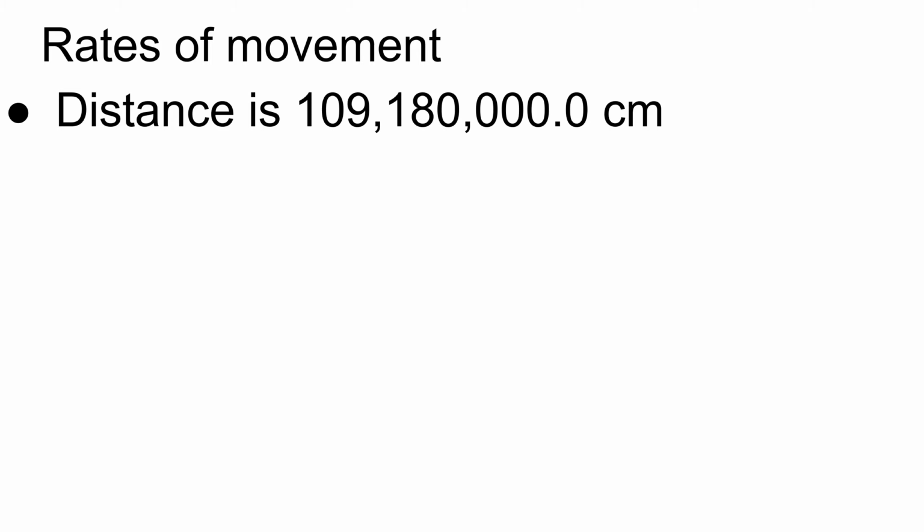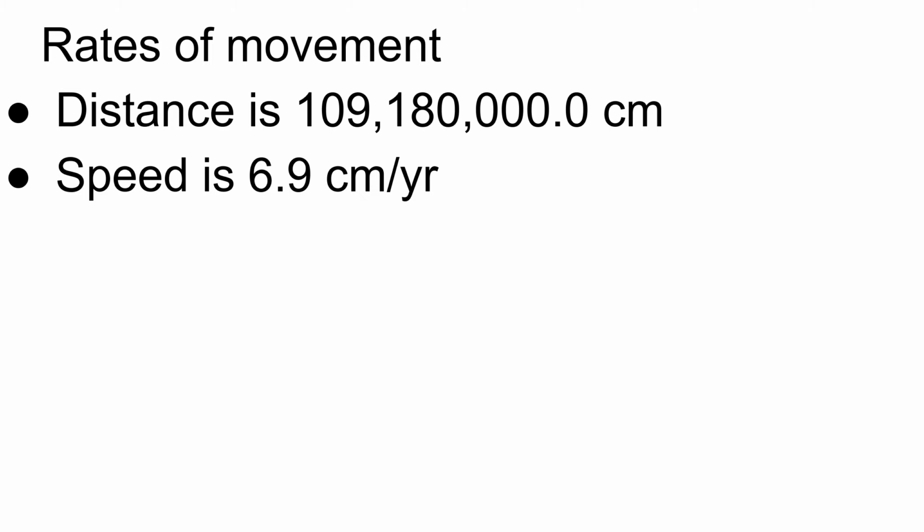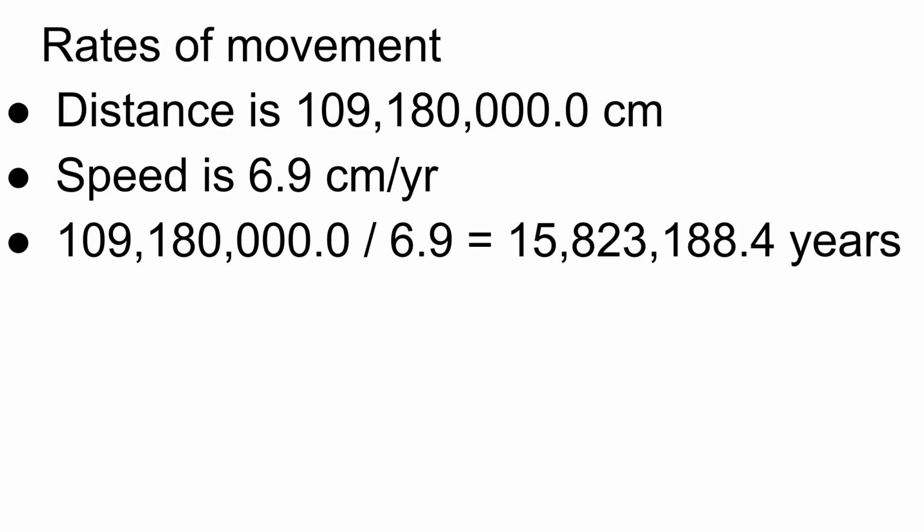So we've got the distance now in centimeters. We're going to divide that by 6.9, and we get 15,823,188.4 years for San Francisco to move up to be at the same latitude as Seattle.